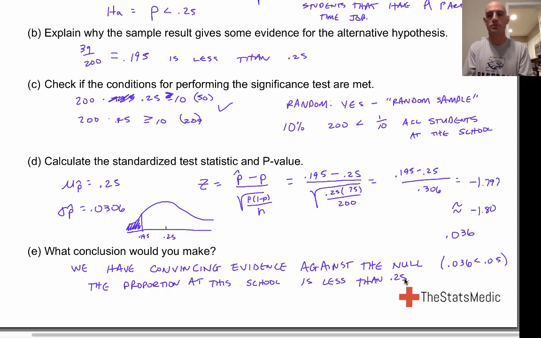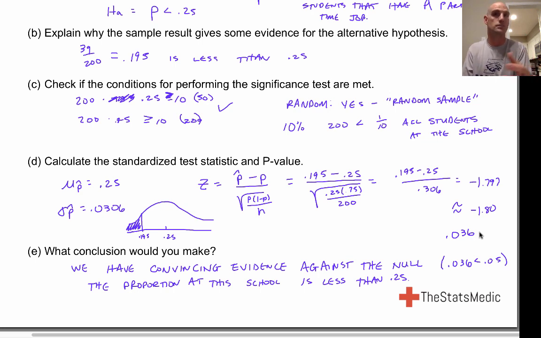So this was almost 2 standard deviations below the mean. Is that unlikely? Well, what we found was there's only a 3% chance that could happen by chance. So it's not likely that we just happened to pick a group of people that was 19.5%. It's really unlikely. So we have to say, yeah, it's probably not true that it's 25%.